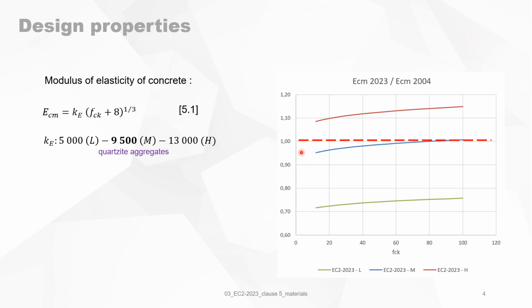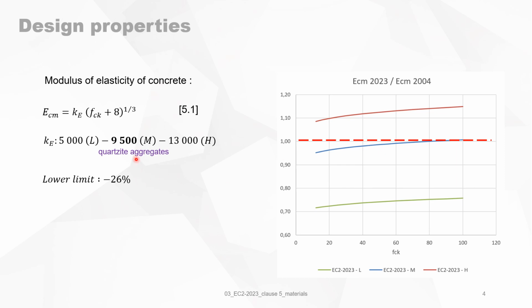So this means that when this ratio is bigger than 1, then the modulus of elasticity is bigger in the new code. But we see that for quartzite aggregates, it's almost the same. So there's no difference between the two codes because the ratio is 1.